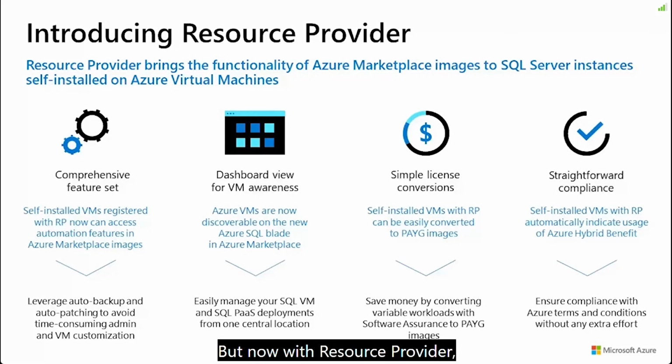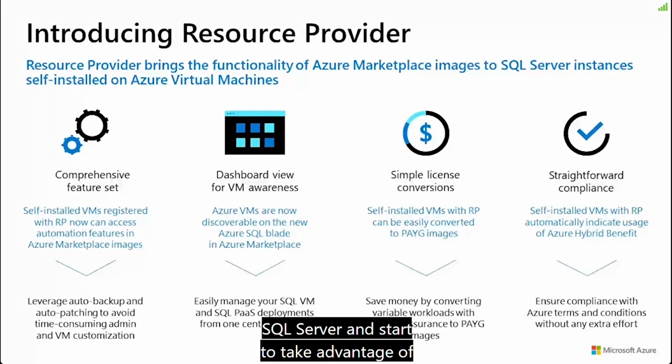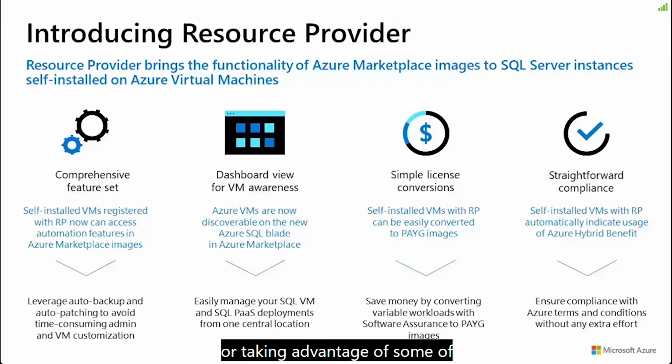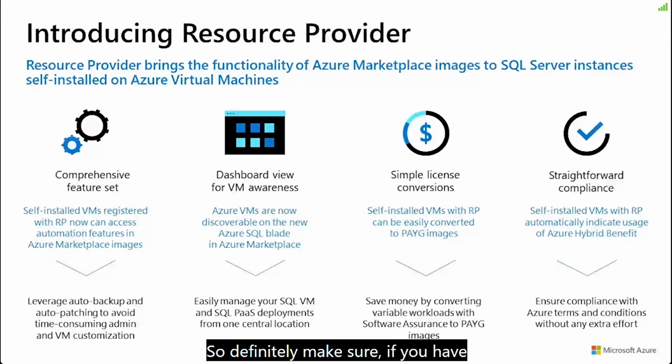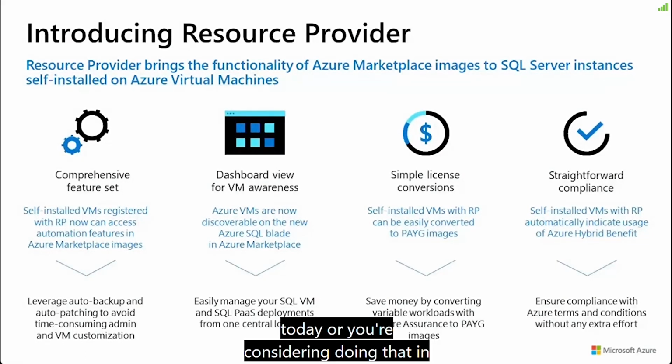But now with Resource Provider, you can enable this even on your self-installed instance of SQL Server and start to take advantage of all of the different capabilities that I mentioned before and some of the other ones here, like understanding your compliance with regards to Azure Hybrid Benefit or your existing licenses, or taking advantage of some of the automated capabilities like auto backup and auto patching. So definitely make sure if you have any self-installed virtual machines today, or you're considering doing that in the future, that you enable Resource Provider.